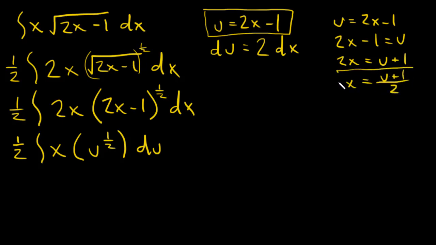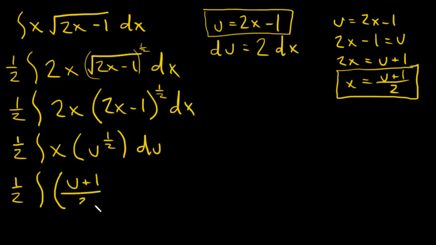So now I can substitute in for this x and get 1/2 integral u plus 1 over 2 times u to the 1/2 du. Now everything's in terms of u, but it's in a jumbled mess.